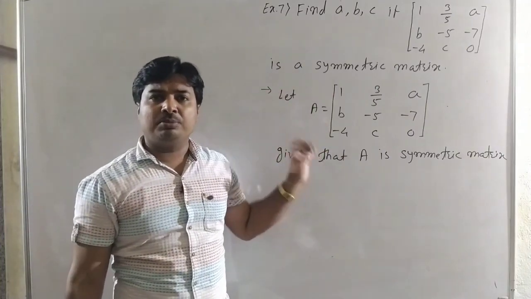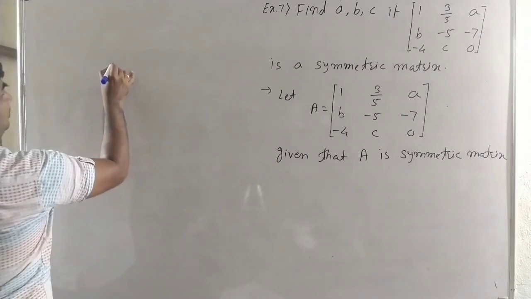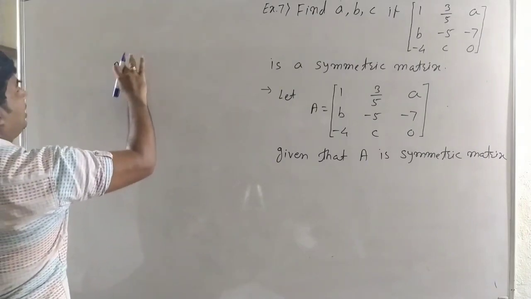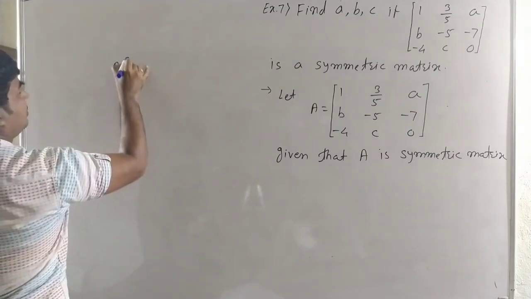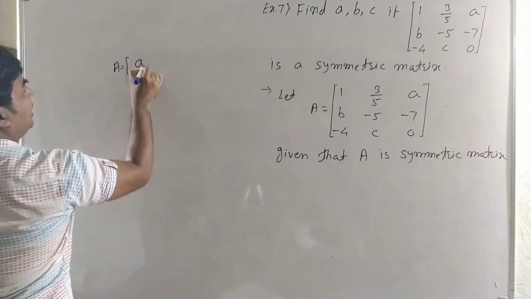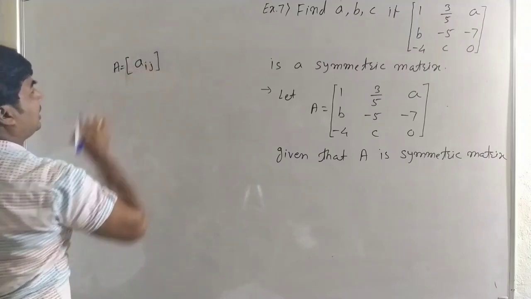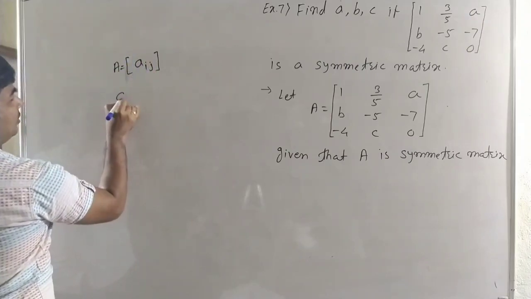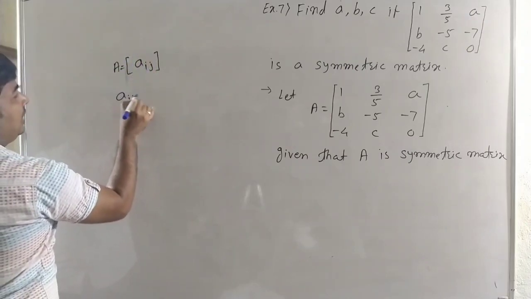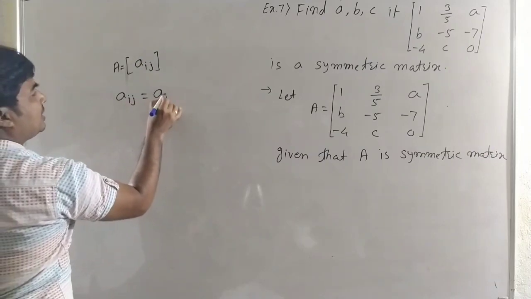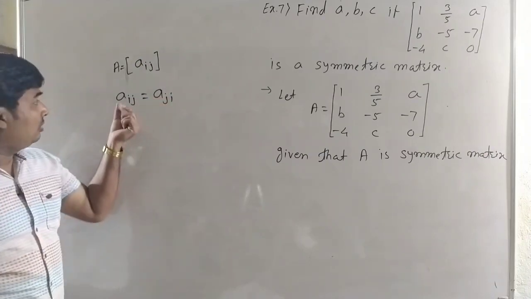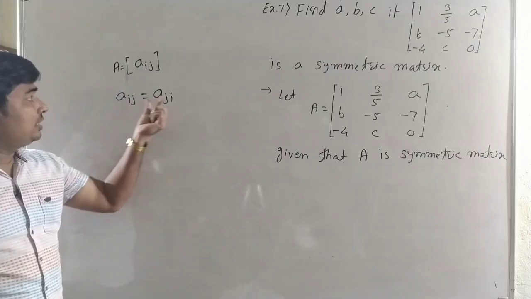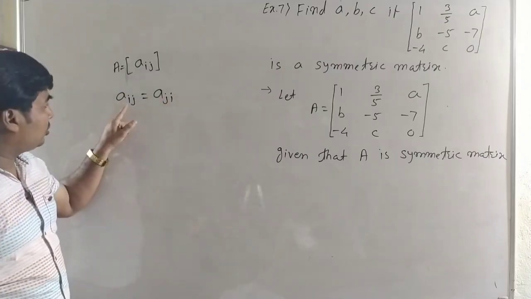What is the definition of a symmetric matrix? If A is a matrix with elements Aij, then Aij is equal to Aji. That means we replace the row number and column number.